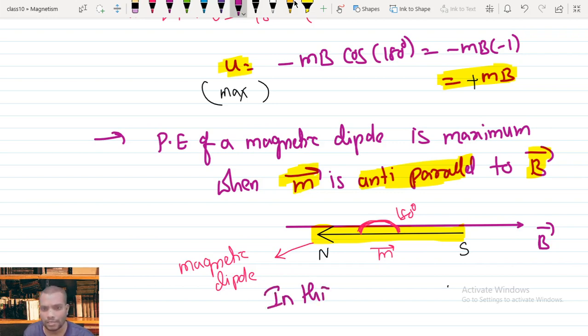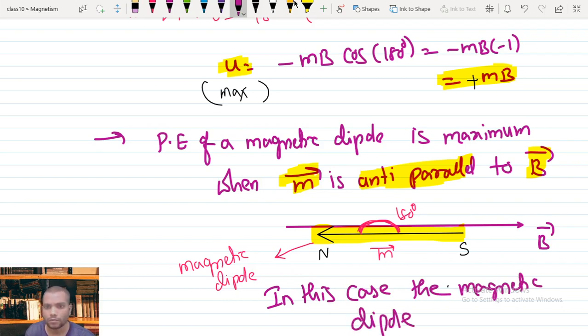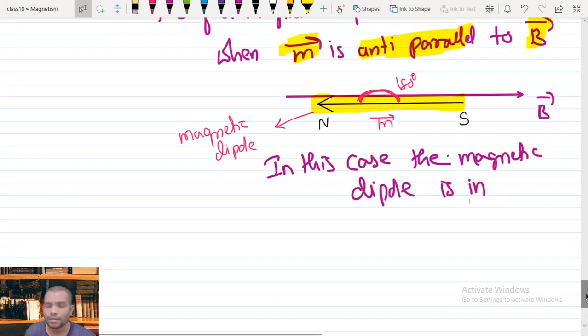So in this case the magnetic dipole is in an unstable equilibrium state.